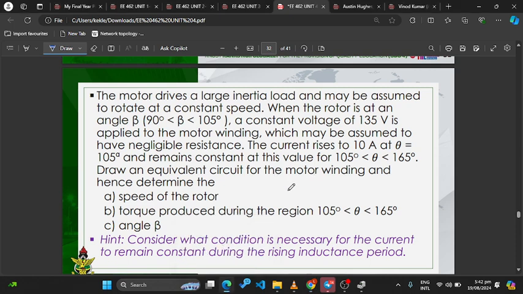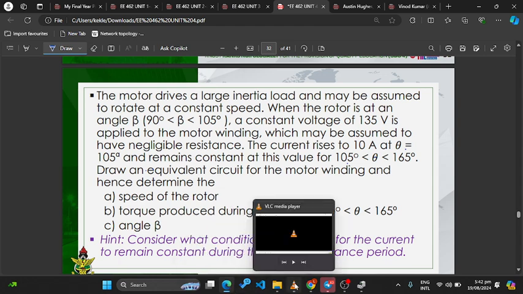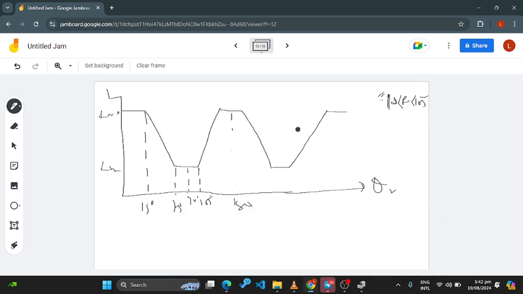Okay. So the current rises to 10 amps at theta equal to 105 and remains constant at this value for theta between 105 and 165. I know that when the current rises to its maximum, from all the characteristics we've drawn so far, it will stay at its maximum until it reaches the maximum inductance.